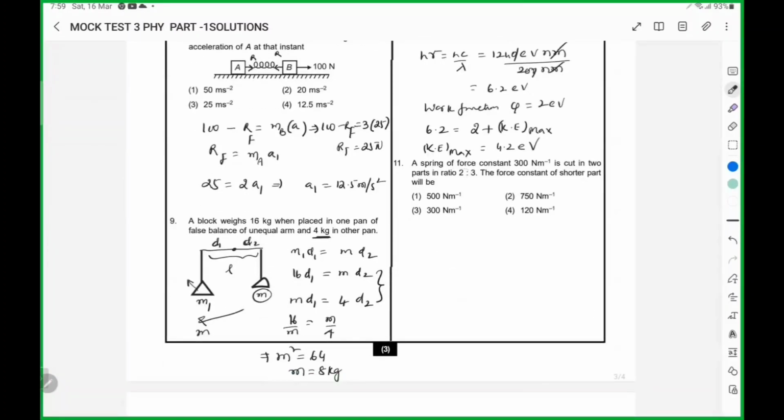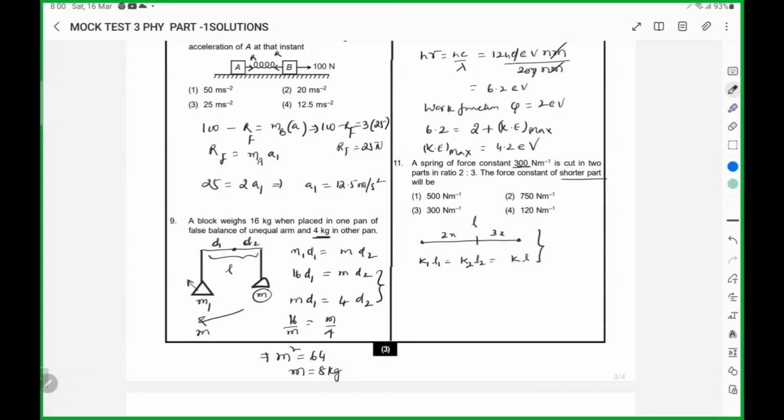A spring of force constant 300 newton per meter is cut into two parts. Total length say L, it is 2x and 3x. The force constant of the shorter part will be K1 L1 is K2 L2.